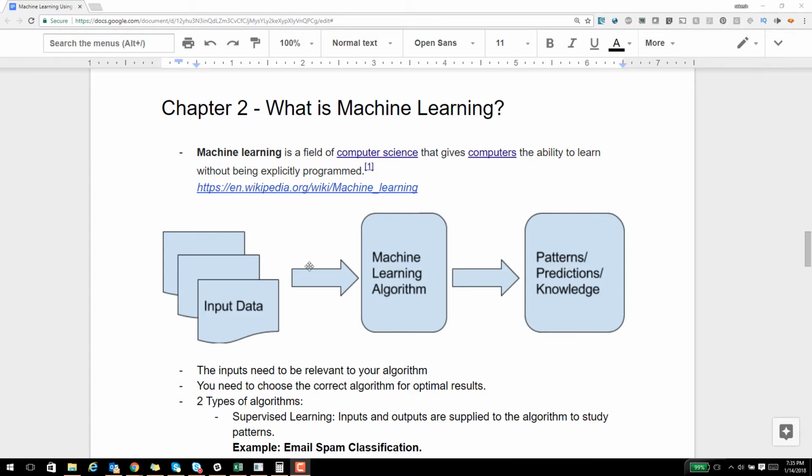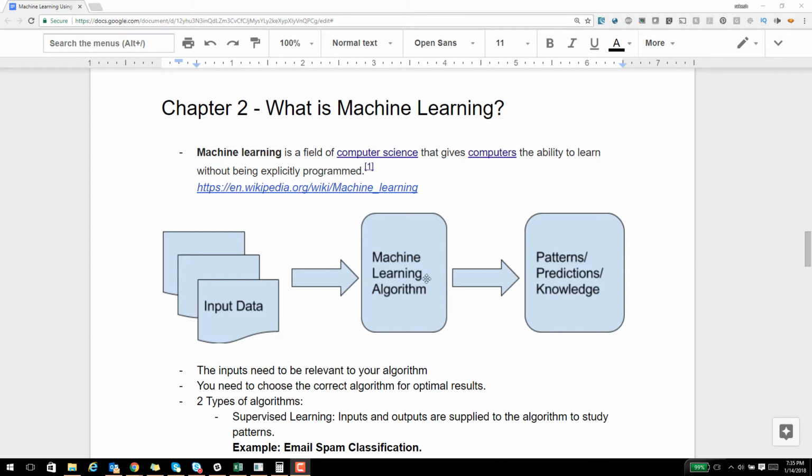So, consider this little diagram, right? What does this diagram really tell us? If you look at machine learning from, say, a 50,000 feet view, all it is is some input data that we supply to an algorithm, and the output is a few predictions or a few patterns, right? It's as simple as that. But let's take a step back.